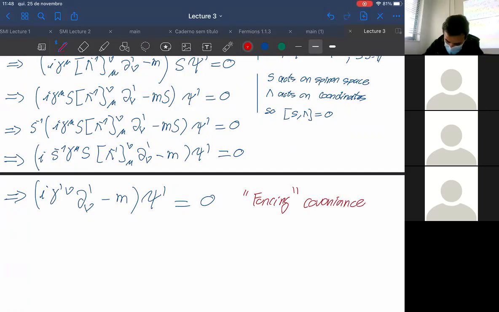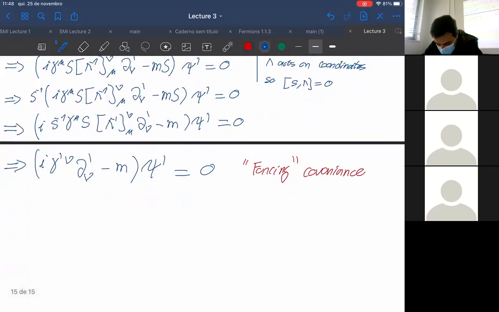Then it's not exactly a proof. No, this is only a glance. What is lacking here is what S is, and also looking at the coordinates. So this gamma nu has to transform in the following way.